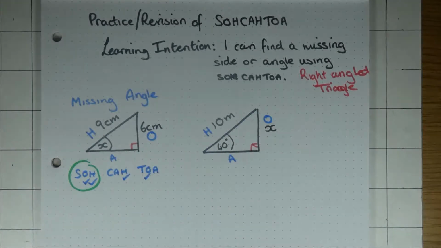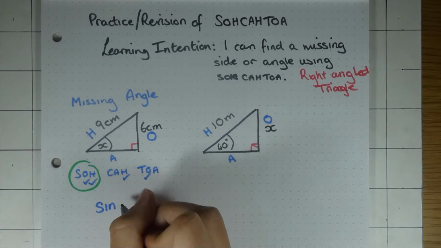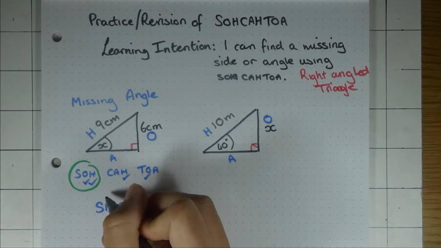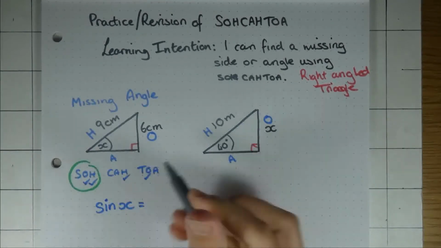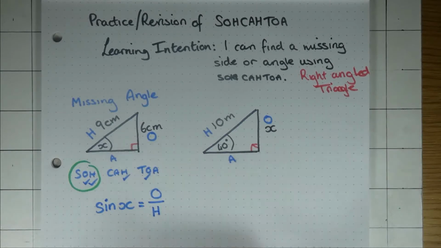Our formula, therefore, get this right, it's going to be sine of the angle x equals opposite over hypotenuse.